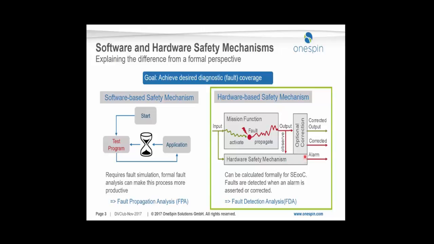And optionally, we can also have an error correction in place. So we would set a corrected flag and our output would be not impacted under this case. We have an application called fault detection analysis, and that helps us to investigate those hardware safety mechanisms.